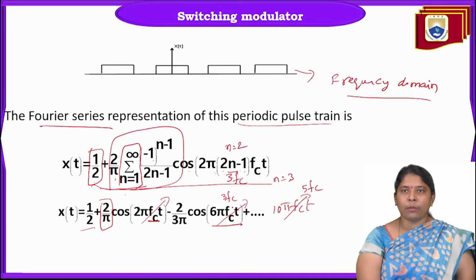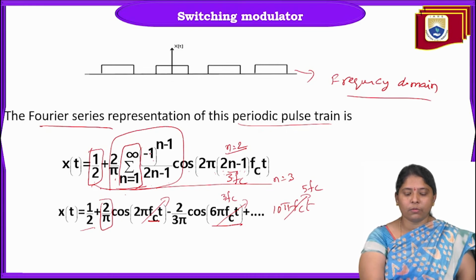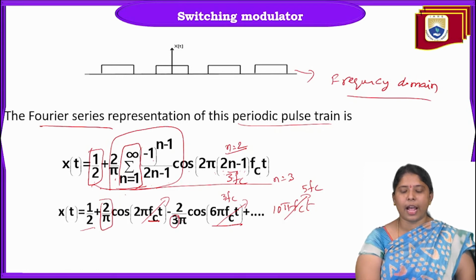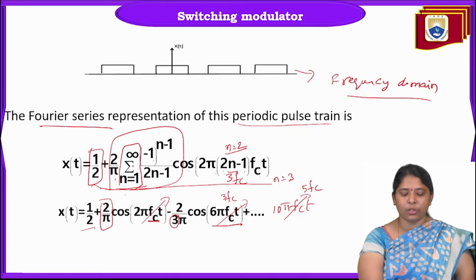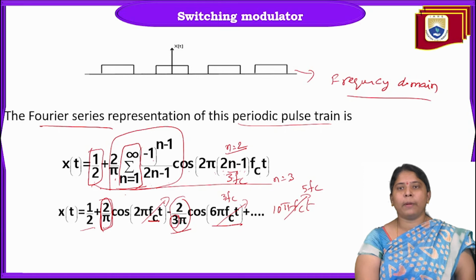And the 3Fc harmonic means n equal to 2. n equal to 2 means minus 1 power 2 minus 1 by 2 into 2 minus 1. So we are going to get an extra 3 in the denominator for the 3Fc harmonic. It is minus 2 by 3 pi. So this is called the amplitude of that harmonic. 2 by pi is the first harmonic amplitude, minus 2 by 3 pi is the second harmonic amplitude.